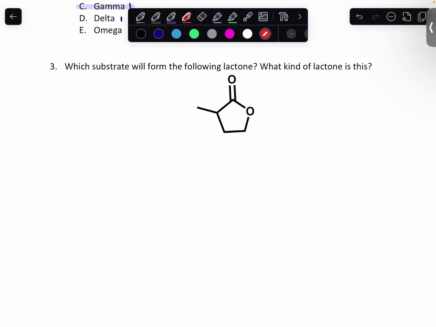So, in making a lactone, we've basically made a cyclic ester. And so, we break the bond there, and we flatten out our molecule.